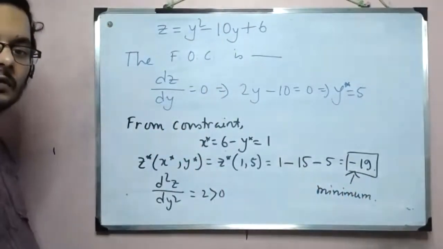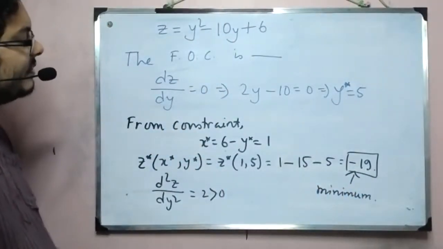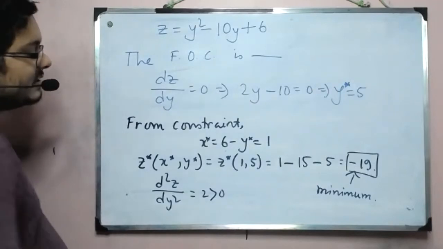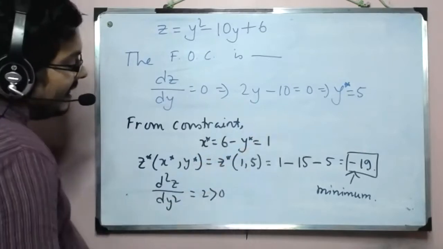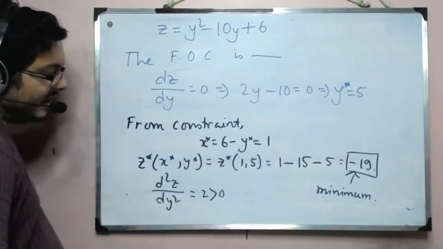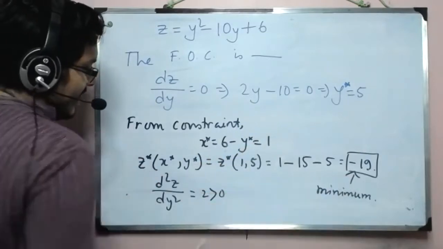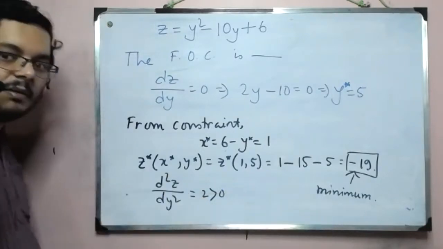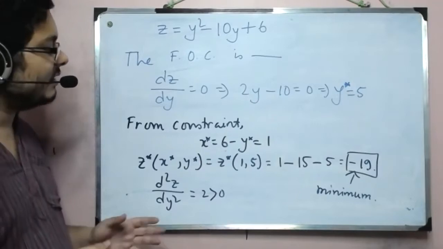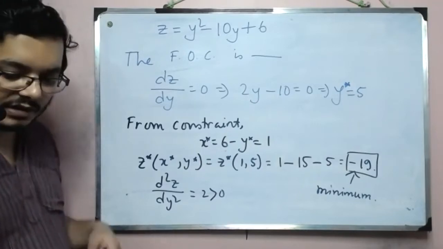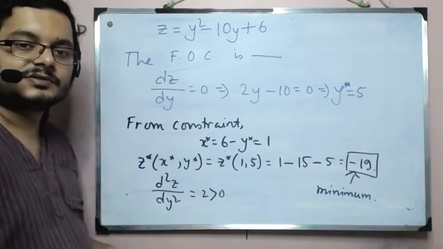So this is a minimum. So let us just sum up. The solution for us is 1 comma 5 as the value of x and y, and that gives us the optimized value of minus 19, which is a minimum. So we have completed applying what we know already. Now we will go to Lagrange's method.